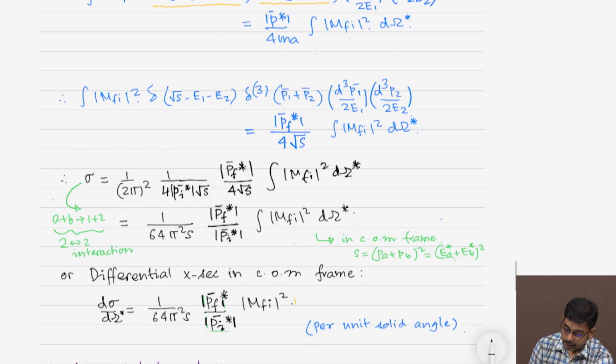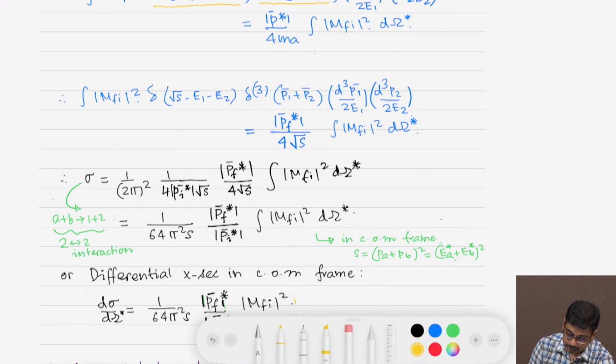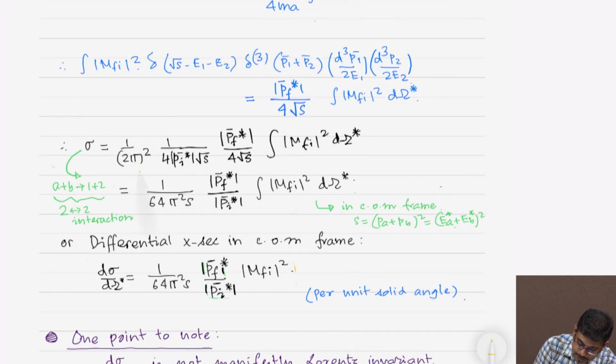So, if you adjust these terms a little, this will turn out to be 1 by 64π²s, |p_f*| by |p_i*|, |M_fi|² dΩ*.